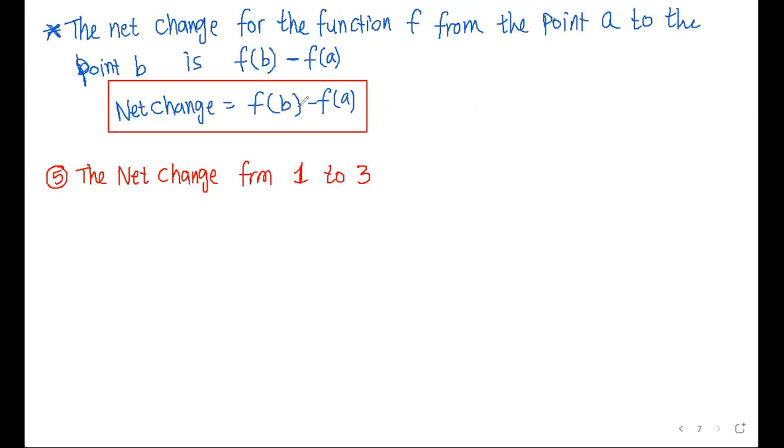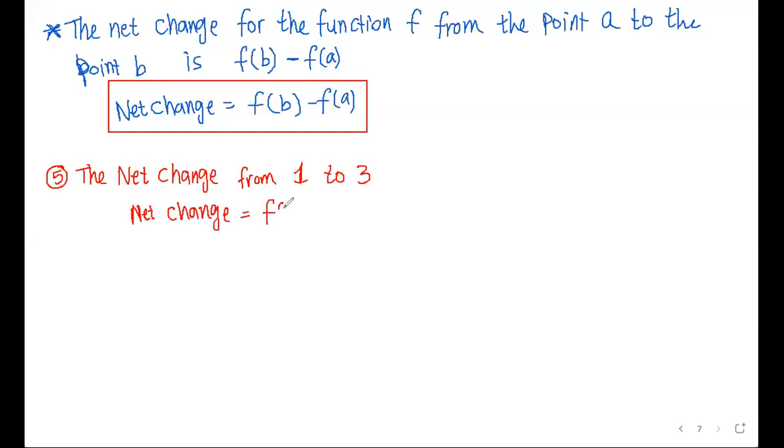So you're applying the same formula here. What is the net change now? What is the formula? Who will do it? f of 3 minus f of 1. Yes, exactly.